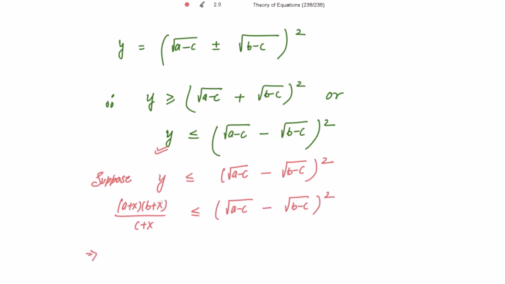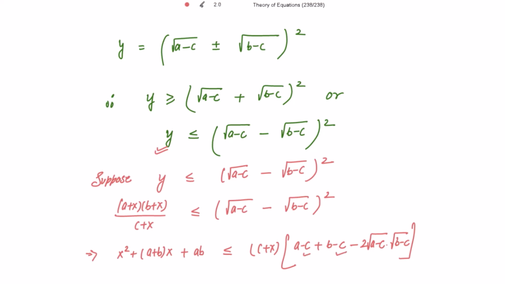This implies, opening the numerator, we get x² + (a + b)x + ab ≤ (c + x) times, opening this bracket, (a − c) + (b − c) − 2√(a − c)·√(b − c). Negative c and negative c becomes minus 2c. So this is a + b − 2c.